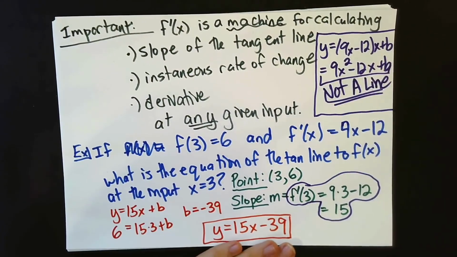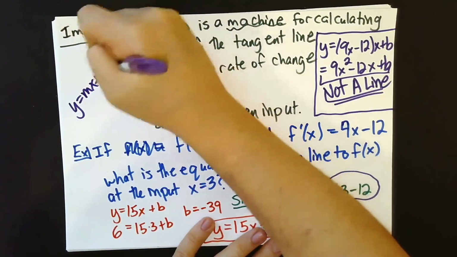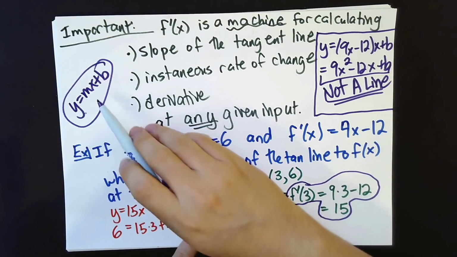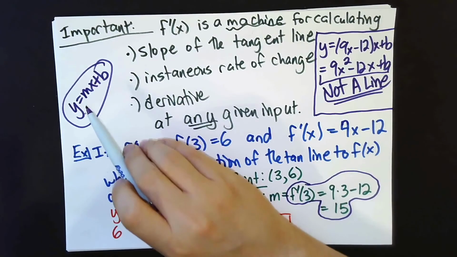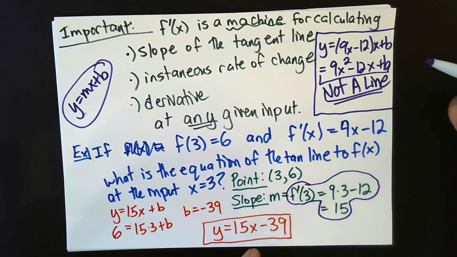Lines have equations that look like y equals mx plus b. So you should always be writing your tangent line in the form y equals mx plus b. If you can't do that, it's a hint that your tangent line's not actually a line. And so, if you give me a tangent line that's actually a parabola, it's not going to go well for you.